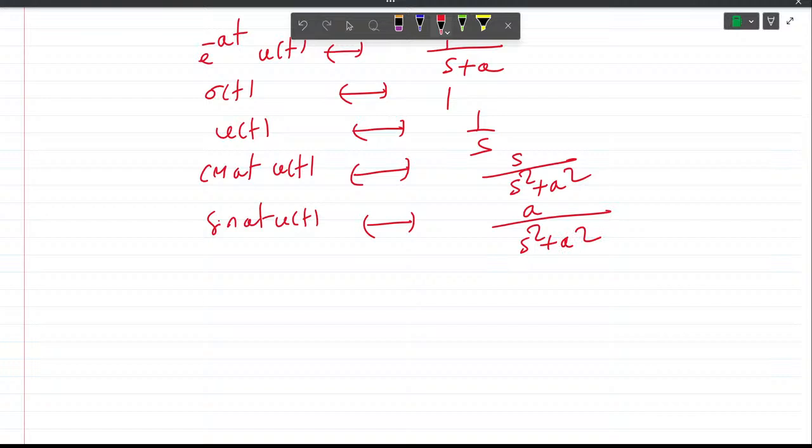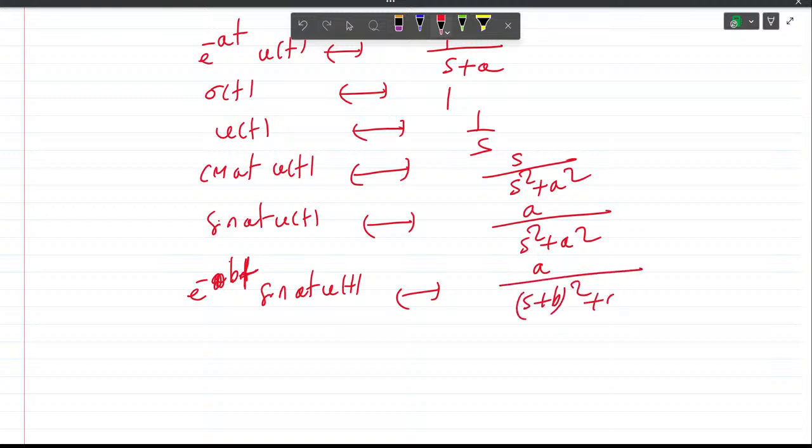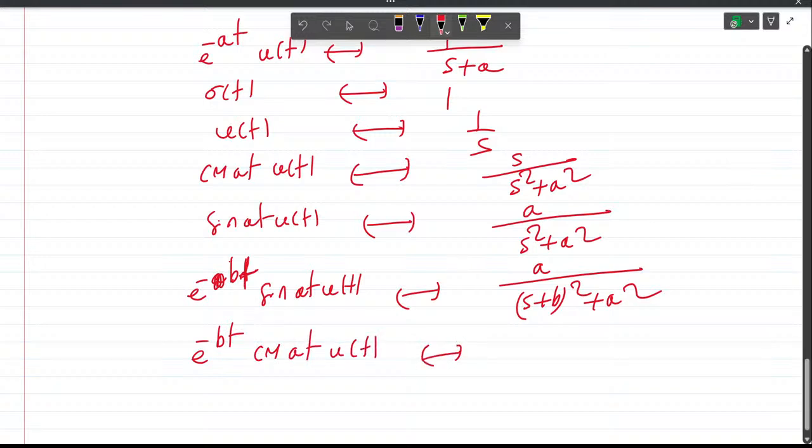Suppose the combination e to the power minus bt sin at u of t, where b is positive. So wherever there is s, replace it with s plus b. So it is a upon s plus b whole square plus a square. e raised to the power minus bt cos at u of t has the Laplace transform s plus b upon s plus b whole square plus a square, since wherever you have s you replace it with s plus b.